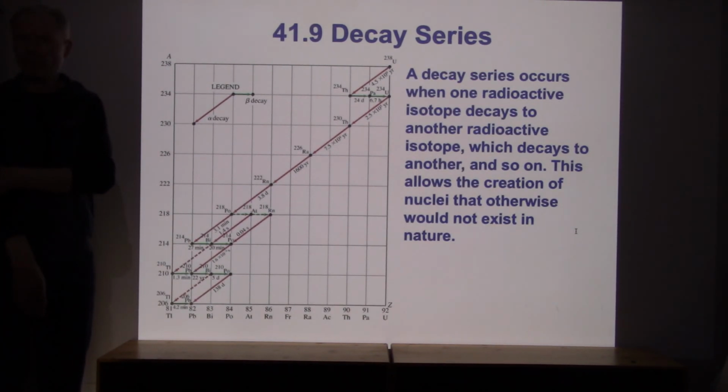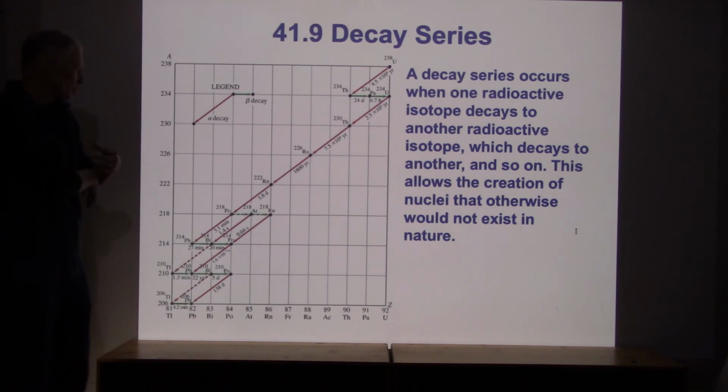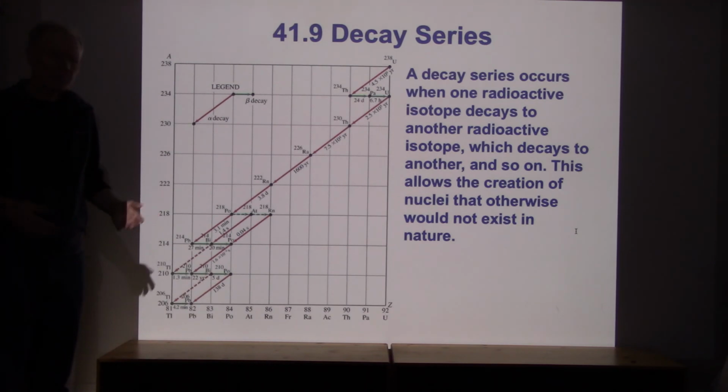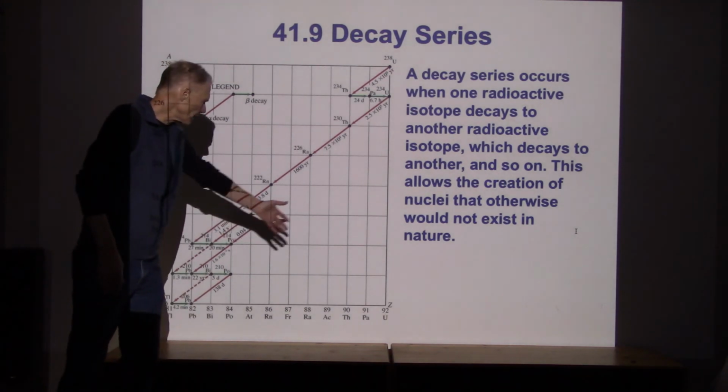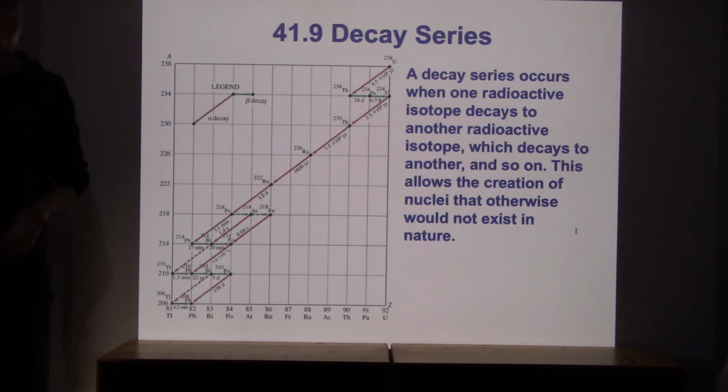There is nothing that is a stable isotope beyond that point. Now, you might think, well, if everything beyond lead is radioactive, why is there any around at all?